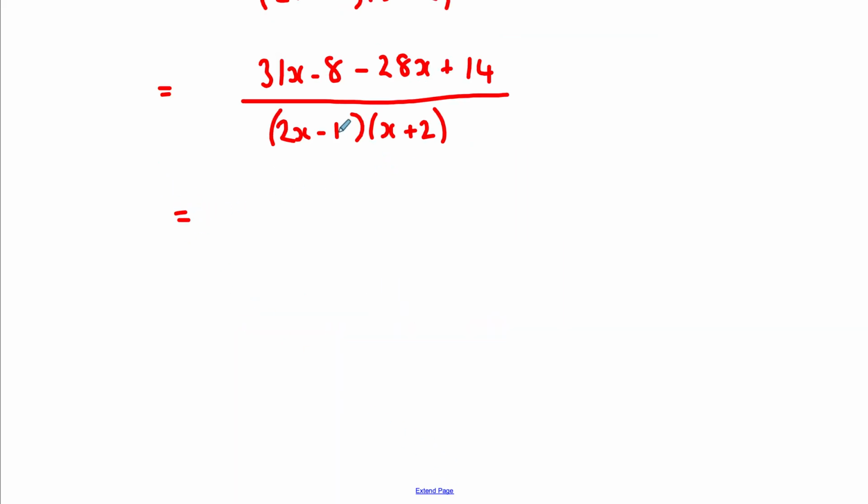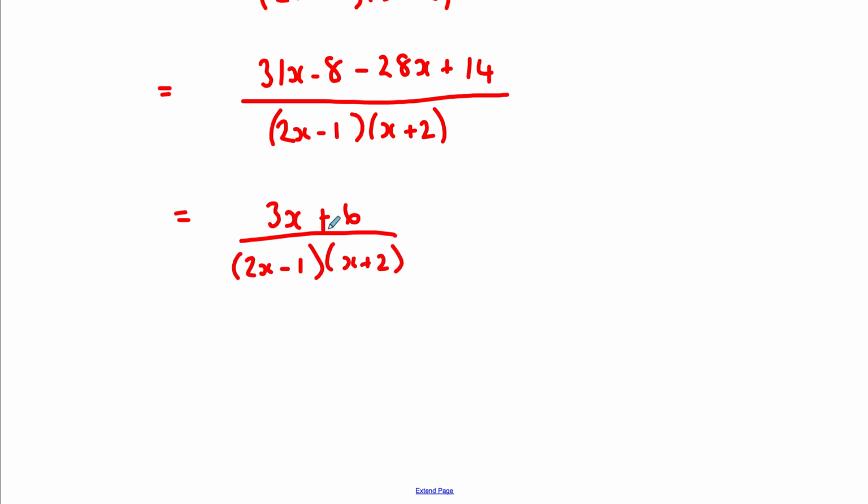The numerator will cancel to 3x plus 6 over 2x minus 1, x plus 2.